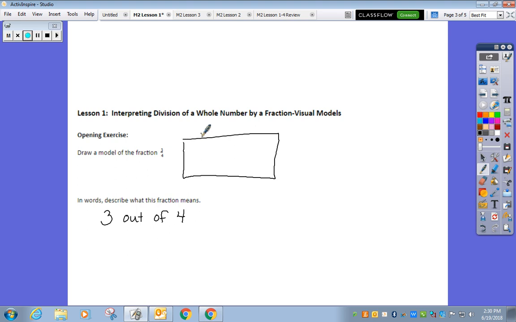So I would draw a whole, split it into 4 equal size sections, the best you can do, and then shade in 3 of those 4 sections. So that would be 3 out of 4 or 3/4. Just a little review of what a fraction actually means first.